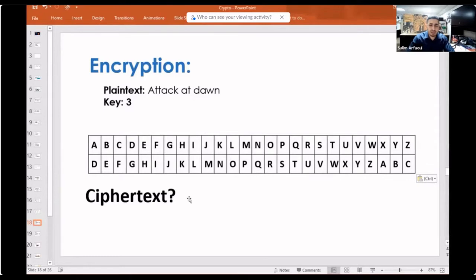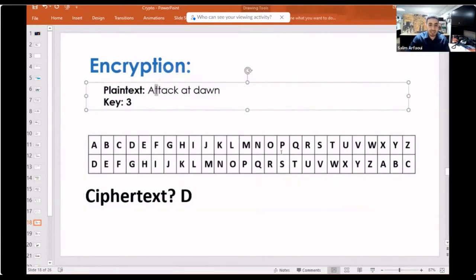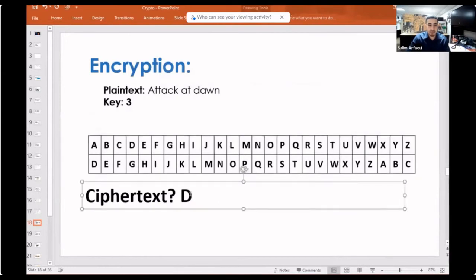And the process is to take each one of these characters and substitute it with a cipher character. So A from the plain alphabet is matched with D. So now A is going to be turned into D. Then T is going to be turned into W, and T is going to be turned into W twice.